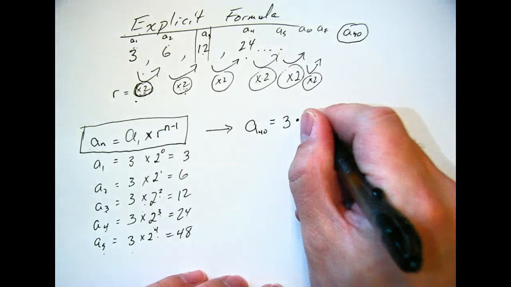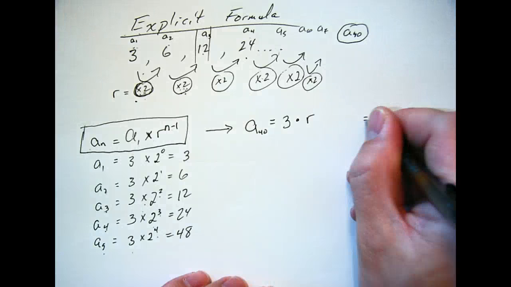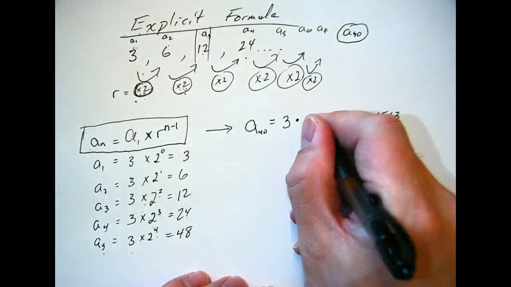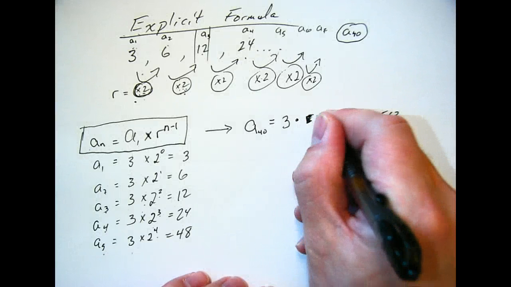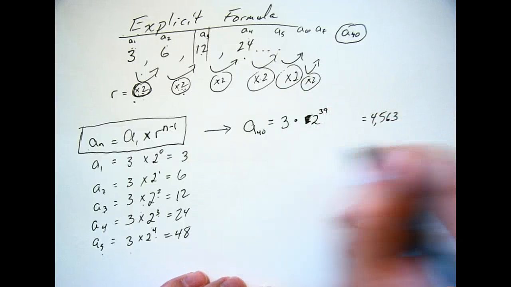Good. 4,563 is what Randy got. Okay, remember R here is actually 2, so we get rid of that R. We'll put 2 to the 39th power, the n minus 1.